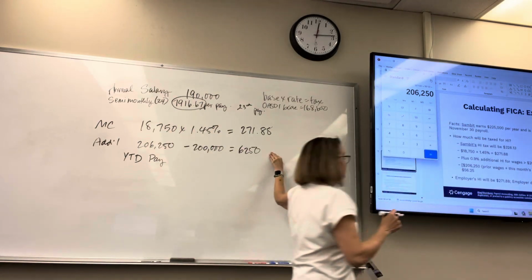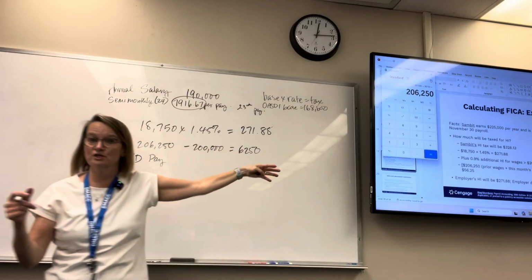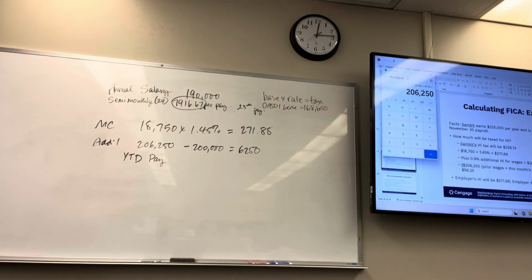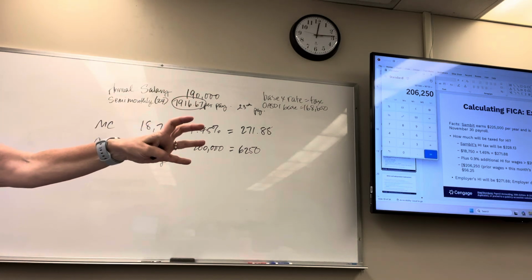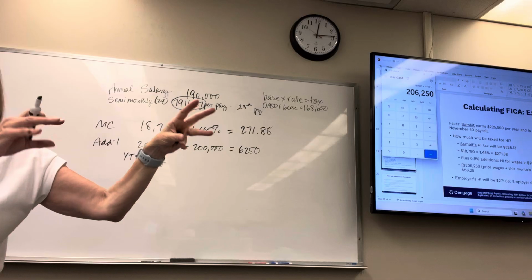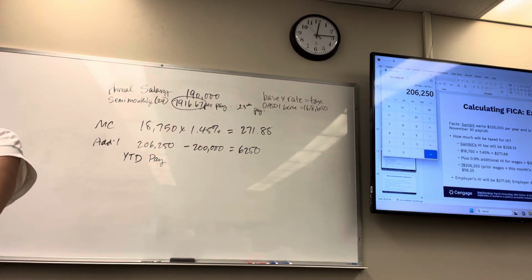This is how much of the 18,750 is going to be subject to additional Medicare tax this pay period. None of it's going to be subject to Social Security tax. If you're calculating additional Medicare tax for someone in that pay period, you do not have to worry about the Social Security tax because they're already above the Social Security wage base.